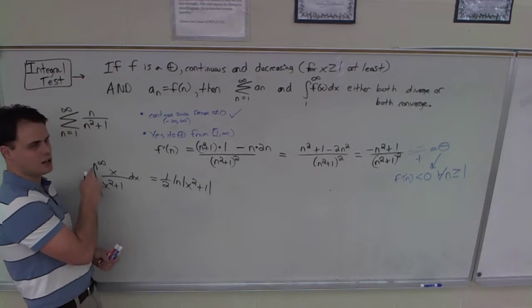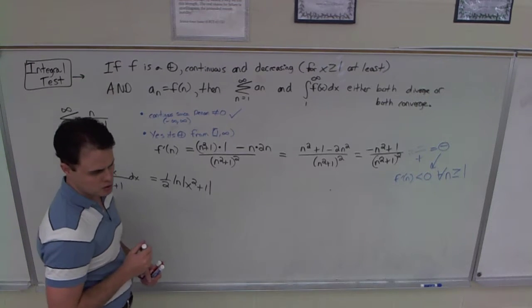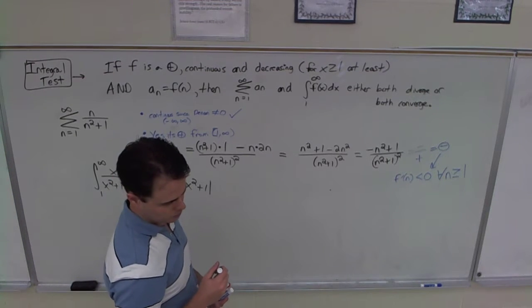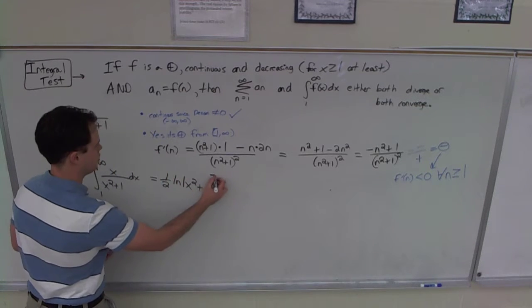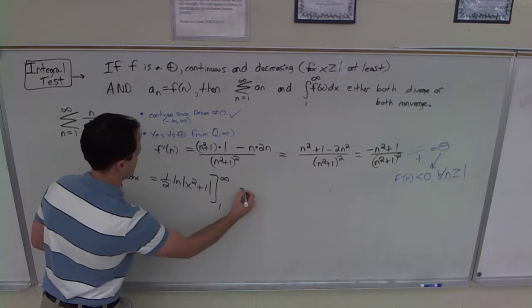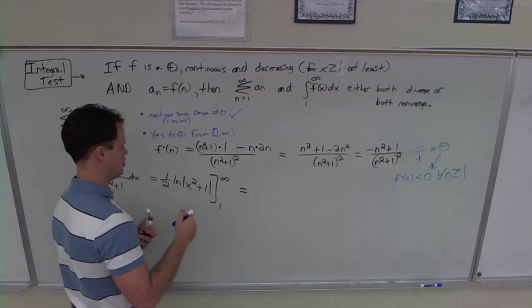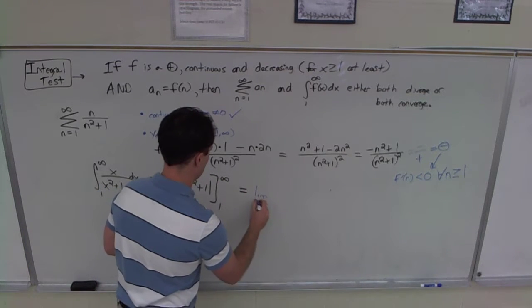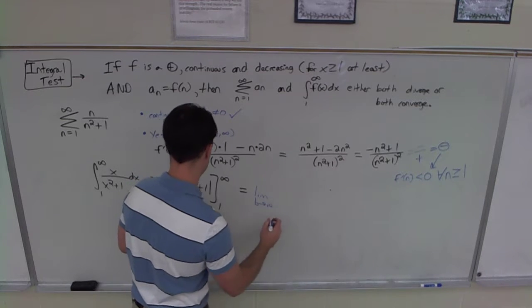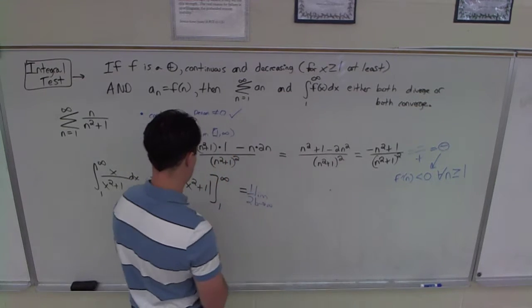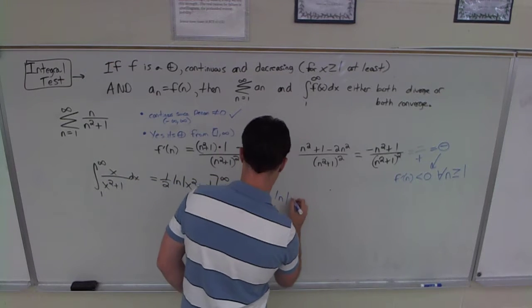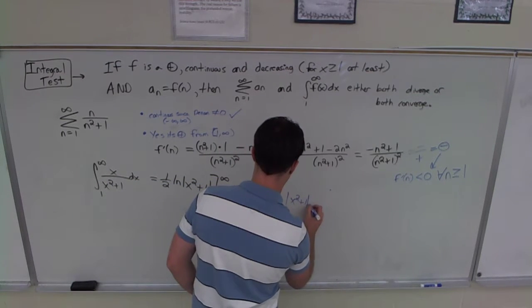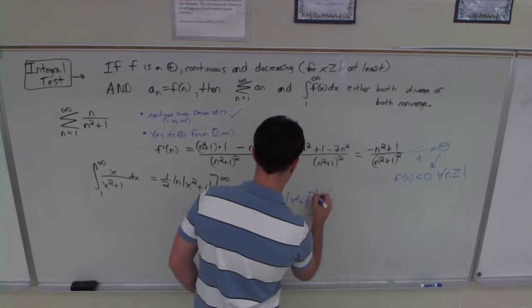plus c, but remember we've got an improper integral going on here, so let's write it out the right way. So really I've got to say from 1 to infinity here, right? So let's say the limit as b approaches infinity of, let's take the 1/2 out. We can factor the 1/2 out. So we're going to have natural log of x squared plus 1 evaluated from 1 to b.